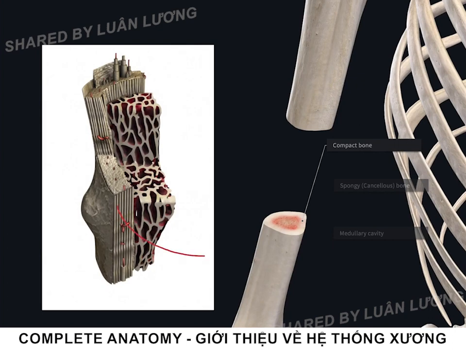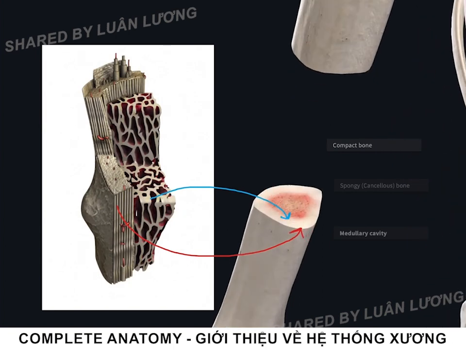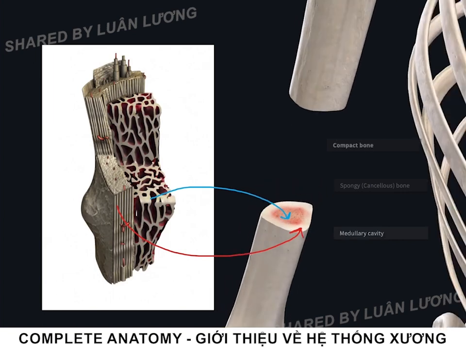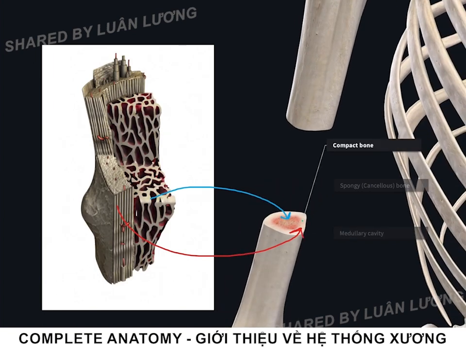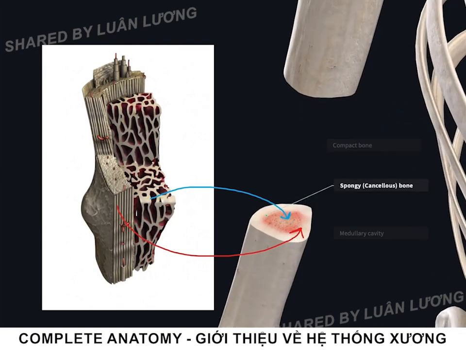Lining the outer edge of the bone is going to be the compact bone, while the spongy bone is going to line the inner aspect of that cortical bone, and it's going to surround an area known as the medullary cavity. Now, the medullary cavity is where we're going to find the bone marrow, and that's typically full of the spongy bone.